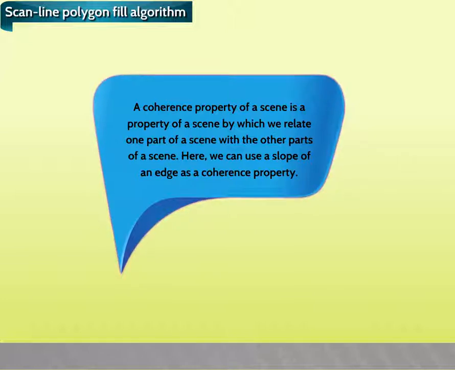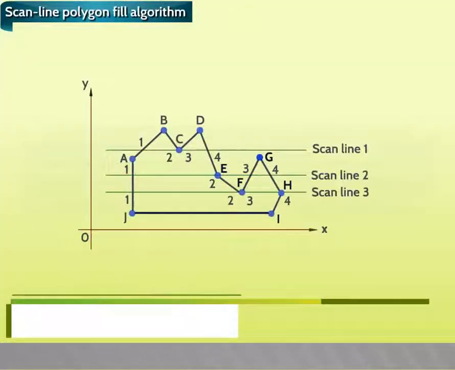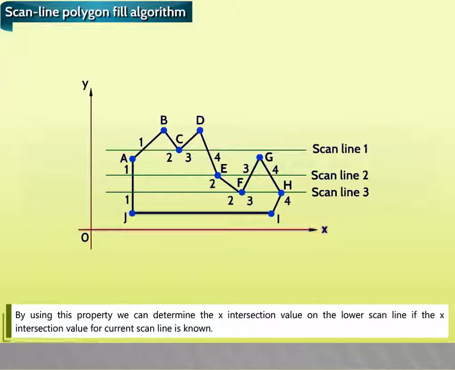Here, we can use the slope of an edge as a coherence property. By using this property, we can determine the x intersection value on the lower scanline if the x intersection value for the current scanline is known.